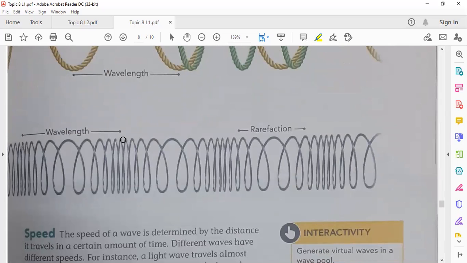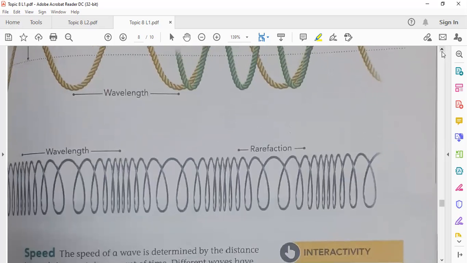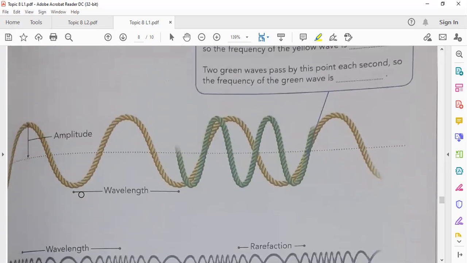This is compression, and this is another compression. So the distance from one compression to another is the wavelength for a longitudinal wave. For a transverse wave, again, the wavelength is from trough to trough or from crest to crest.